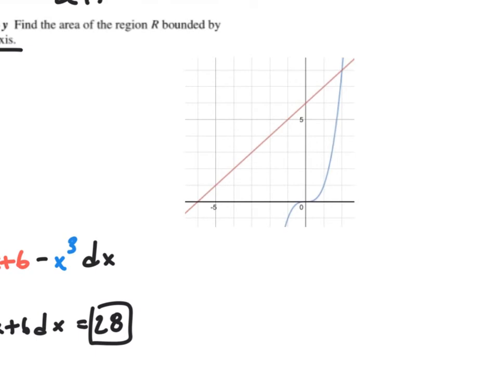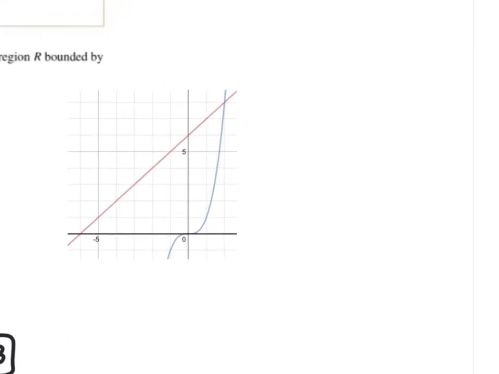Now, if I come over here and try this again, I can do this another way. What I notice is that if I draw a horizontal slice, I can draw a horizontal slice from my right function to my left function, all the way across the area.